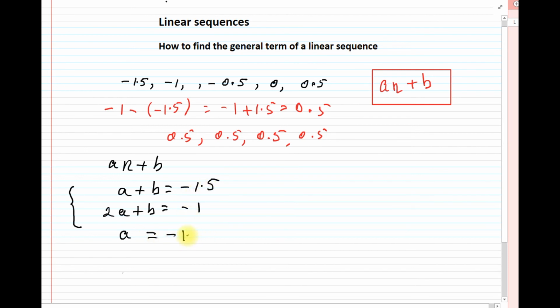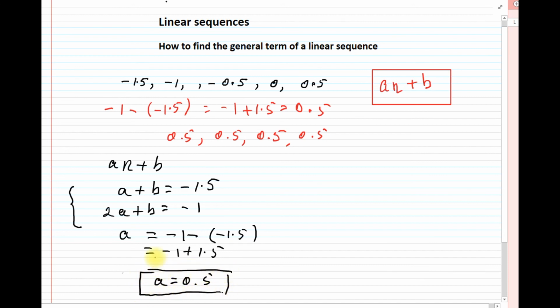Minus a minus 1.5, which becomes minus a plus 1.5. So this gives me a equals 0.5. As a general rule, the coefficient a is always equal to the first difference, if they're constant, that is, in this situation.